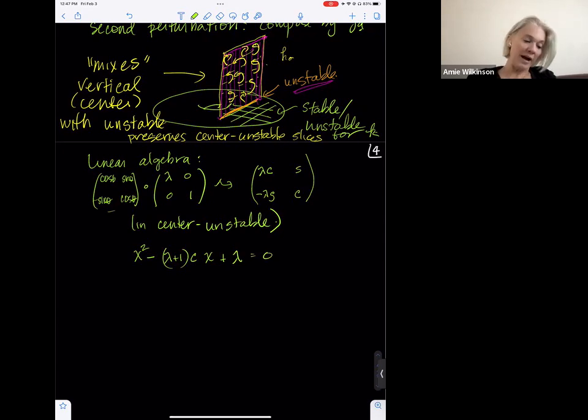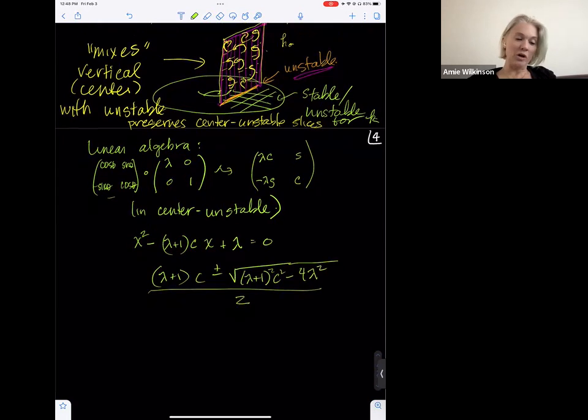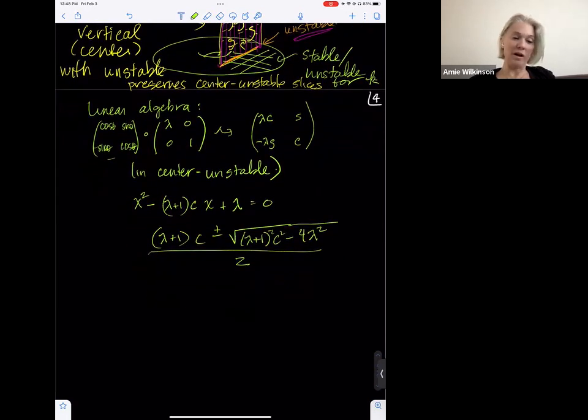And so the eigenvalues are (lambda plus 1) cosine plus or minus the square root of (lambda plus 1) squared cosine squared minus 4 lambda, all over 2.